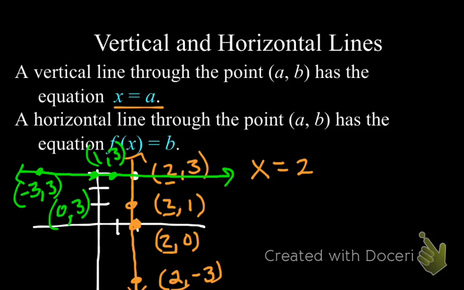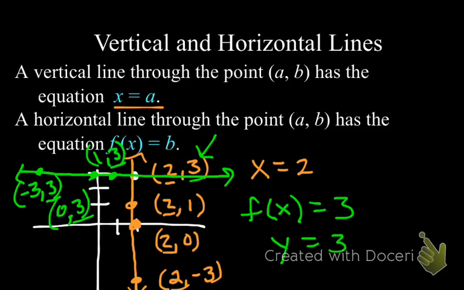And if you look at that, notice this time all the y values are the same, or the output values are all the same. And so that's how we get the equation f of x would equal 3 in this case, with that point being our point that they go through, or you could also say y equals 3. So that's where this comes from.